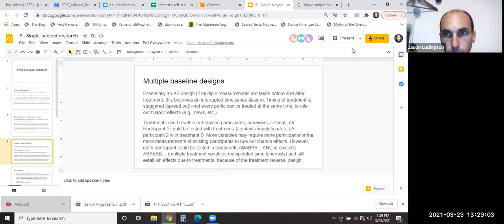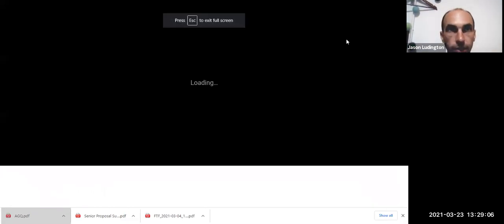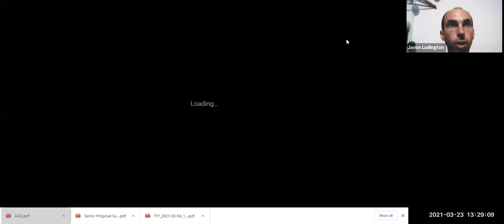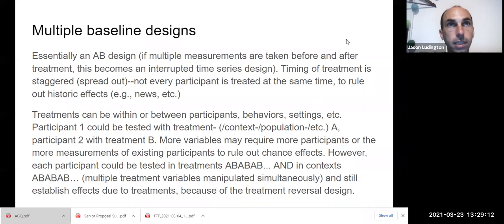Basically, the important thing here is the reversal design is so powerful. It has so much internal validity. And what that means is the treatment reversal design is so good and strong at providing evidence of causality. That's why we say it has very strong internal validity, because internal validity is the same as causality.